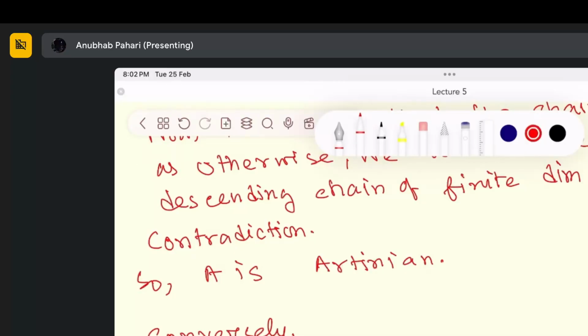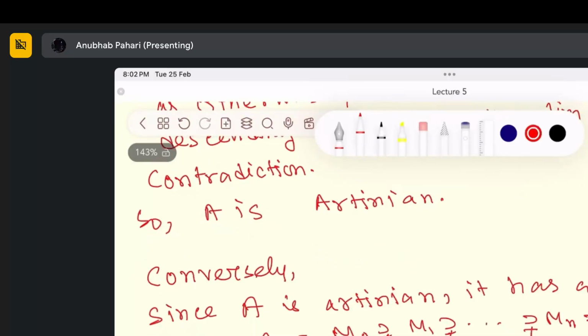Simple A modules are isomorphic to some A by M for a maximal ideal M.